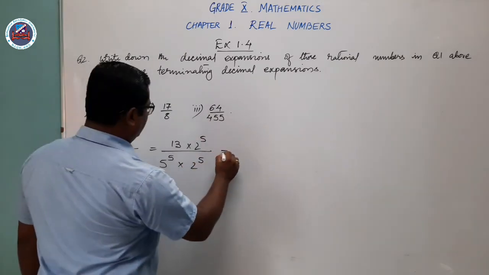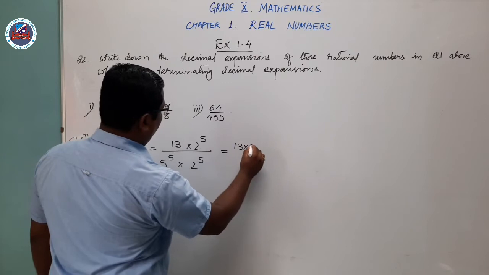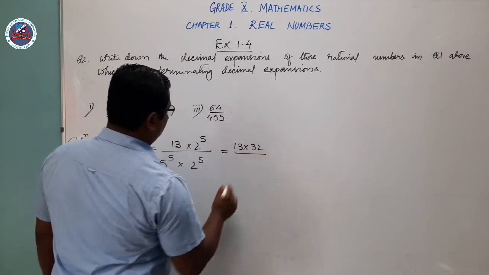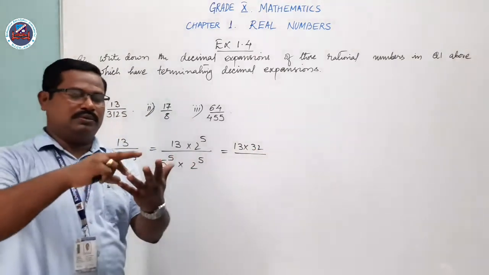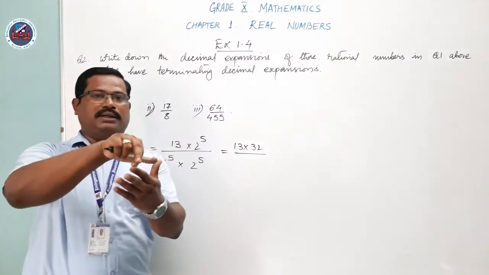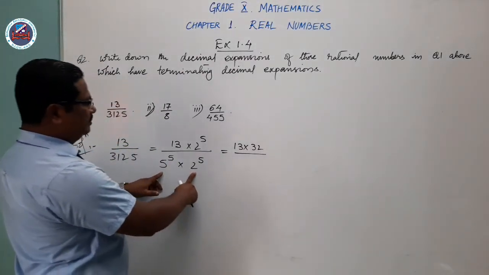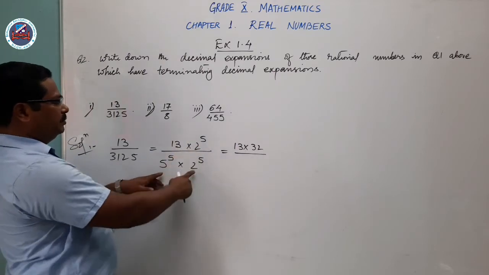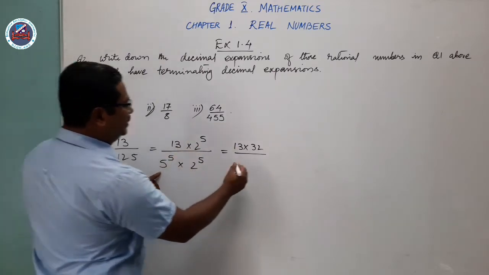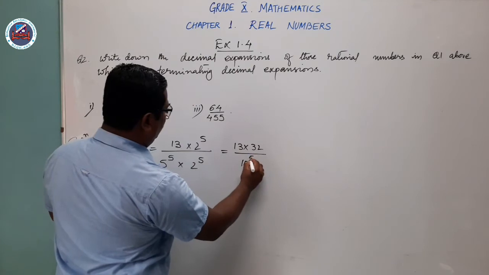Then 2 to the power 5 is 32: 2 2s are 4, 4 2s are 8, 8 2s are 16, 16 2s are 32. We multiply and divide by 2 to the power 5 so that 5 2s are 10, and 10 to the power 5 is common.